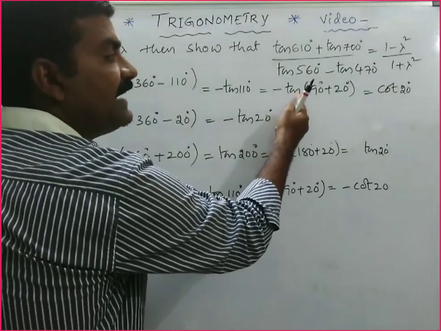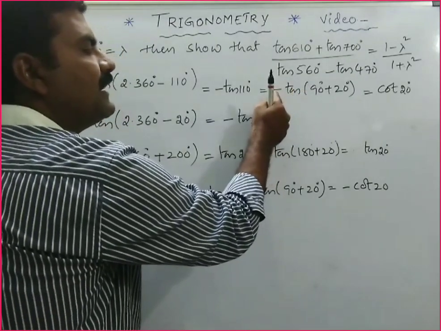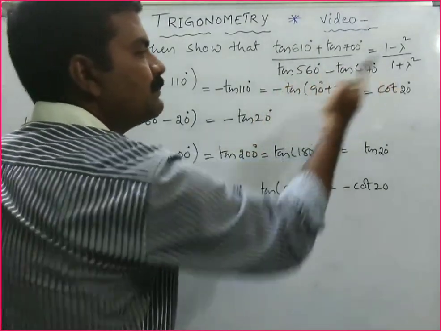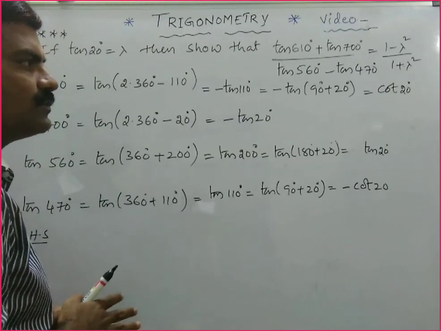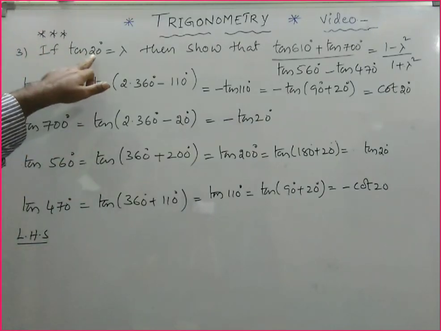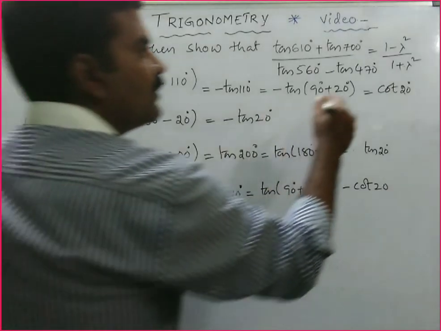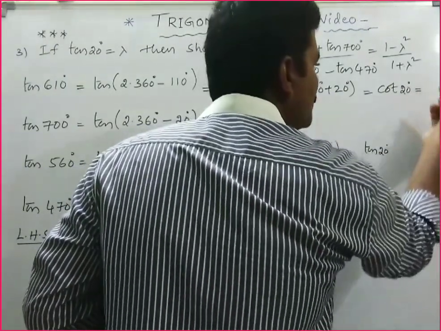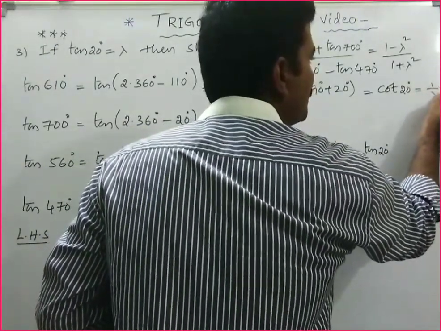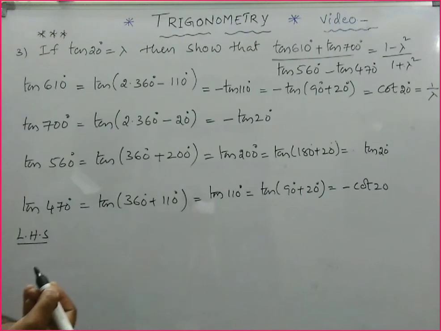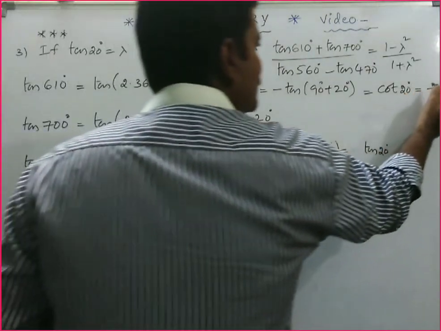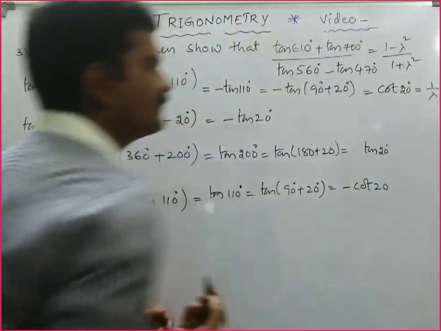In the second quadrant, tan is negative. Already there is a minus, so minus of minus will be plus. Finally, this is cot 20. And since tan 20 is lambda, cot 20 is 1 by tan 20, that is 1 by lambda. This value is 1 by lambda.